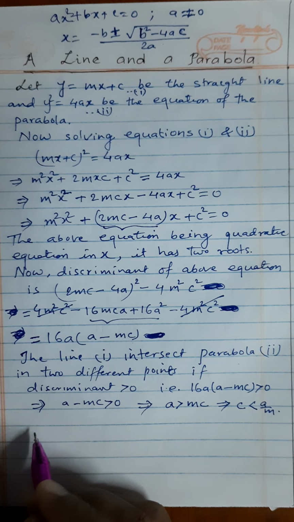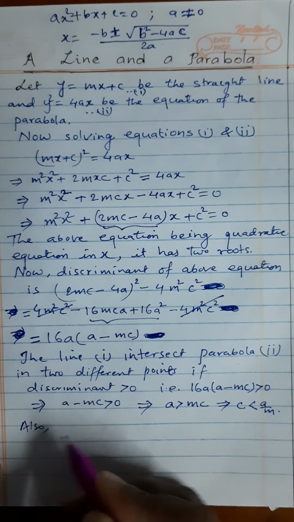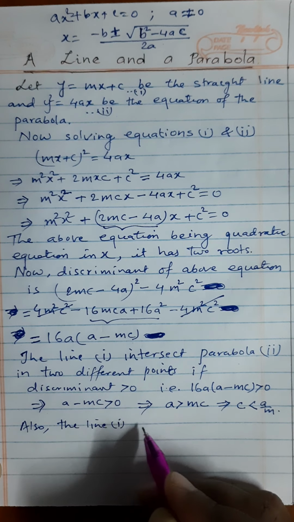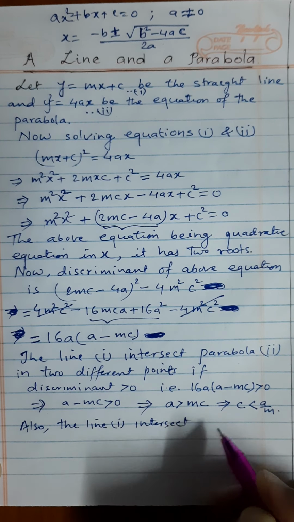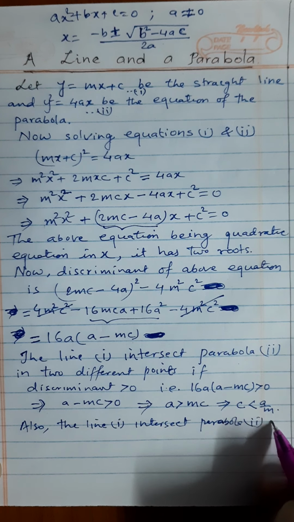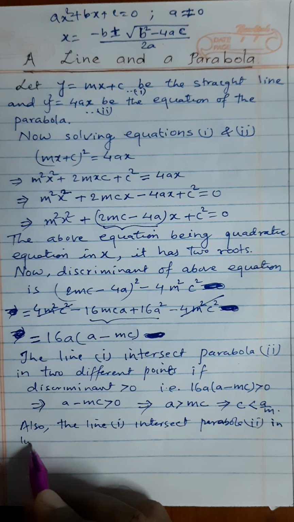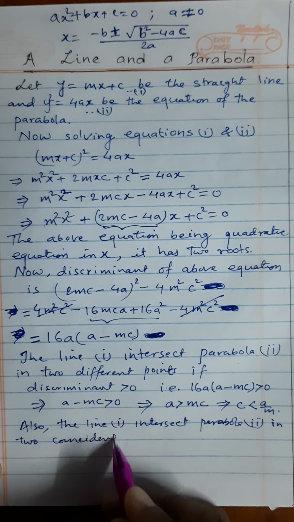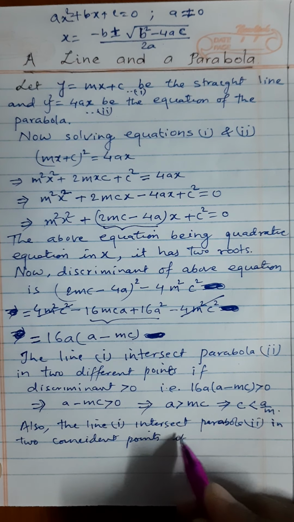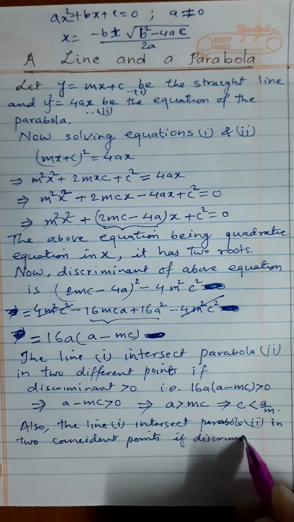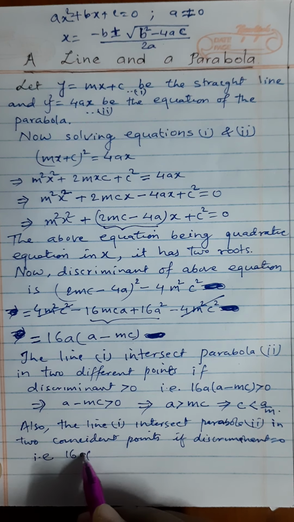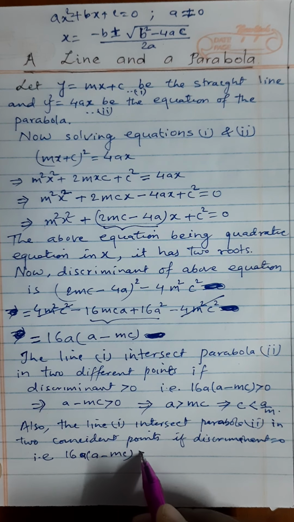Similarly, the line 1 intersects parabola 2 in two coincident points if the discriminant equals 0, that is 16a minus mc equals 0.